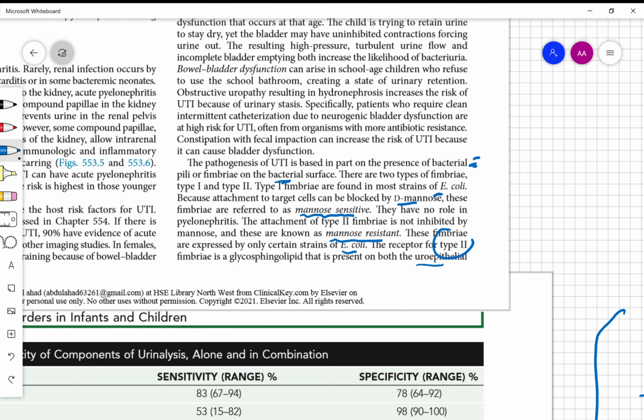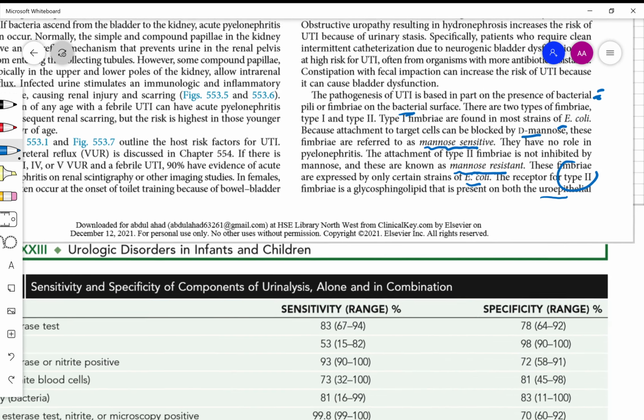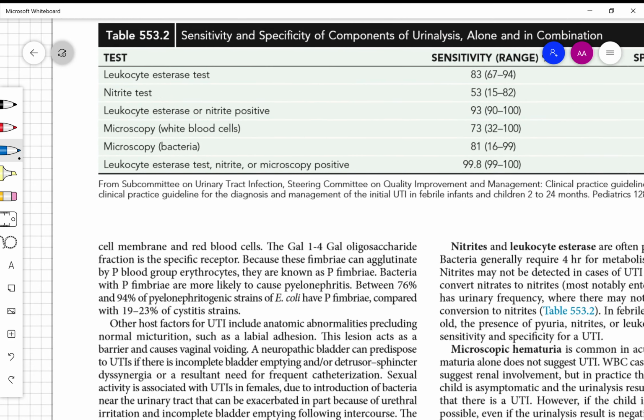If they are not blocked by D-mannose, we call it mannose resistant, and they are called type 2 fimbriae. So some strains of E. coli express this type 2, and the receptor for this type 2 fimbria is a glycosphingolipid, which is present both on the uroepithelial cell and the red blood cell. So the Gal α1-4 Gal oligosaccharide fraction is actually the specific receptor.